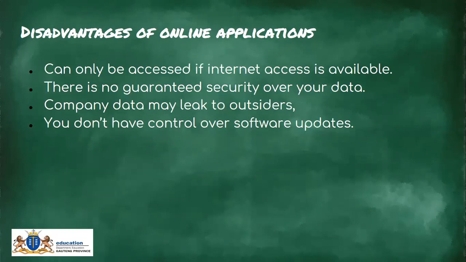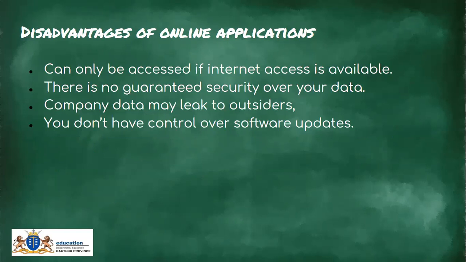Even though we know something might have some advantages, some drawbacks are always there. Let's have a look here. Can only be accessed if internet access is available. That's why we call them what? Cloud-based application. There is no guarantee of security over your data, because the men at the back end, if you've got confidential information, can have access to that information.